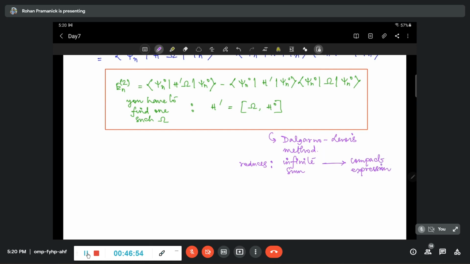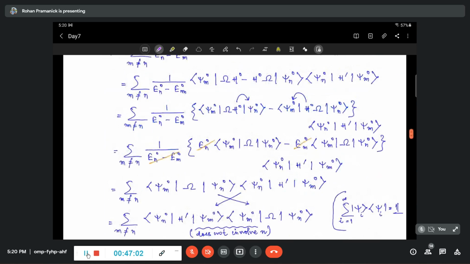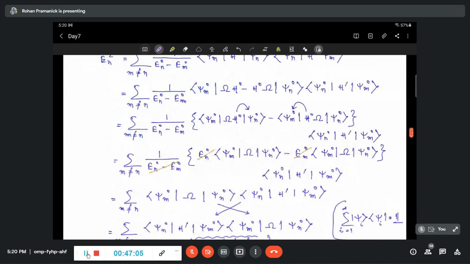So this is the trick that you do. There is no physics involved, but this is the trick you have to use if you want to find the actual value of this thing.